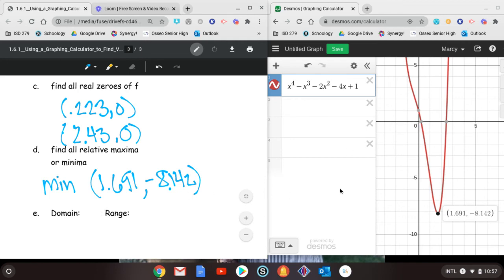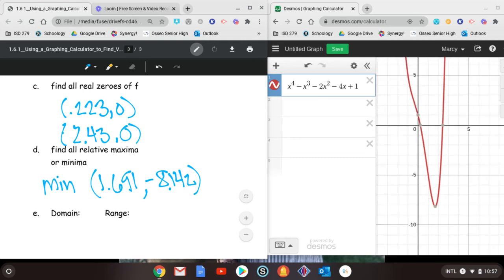So now domain and range. So if I look, my domain, there is an arrow over here and an arrow over here, okay? So it goes up forever on both. So your domain is going to be all real. But now your range, do you see how your range doesn't go beyond this point?